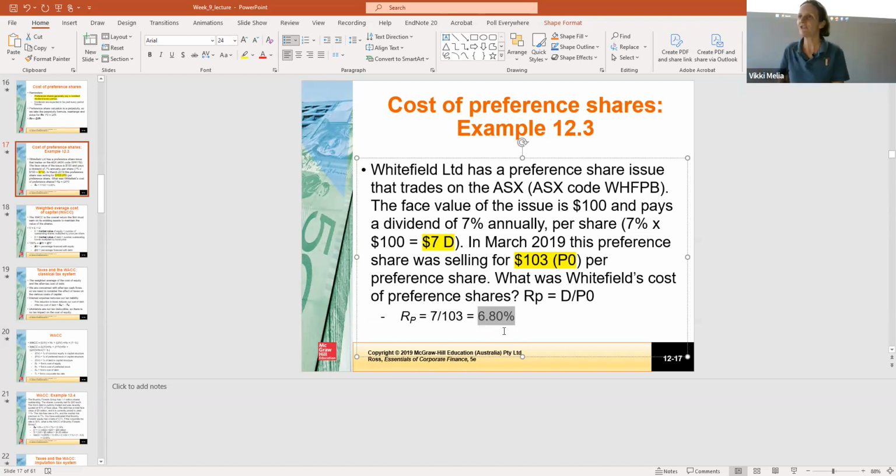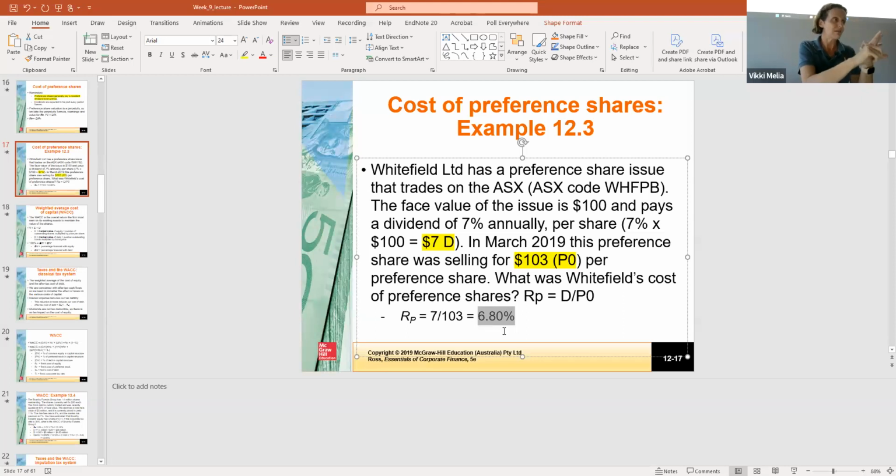The main limitation? Yeah, if the company's not paying dividends, we can't use that method. We have to use the CAPM equation. But the CAPM equation is good because it uses beta, so it incorporates risk into the calculation. So we looked at measuring the cost of ordinary shares using the dividend growth model or using the CAPM equation.